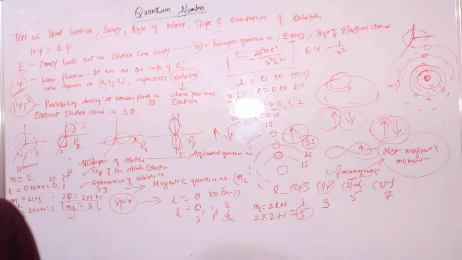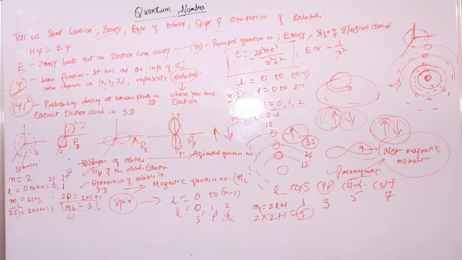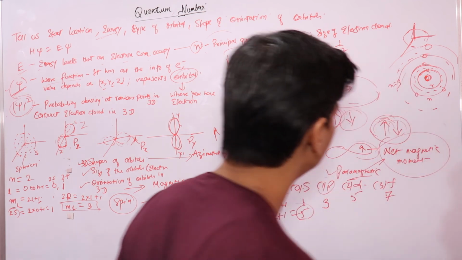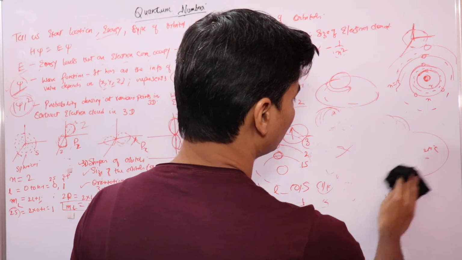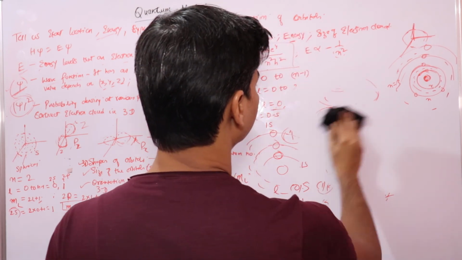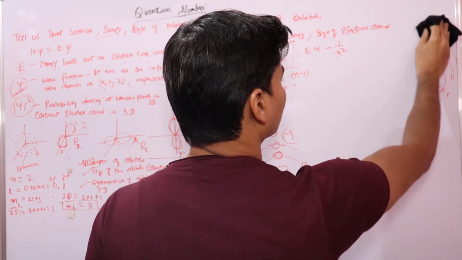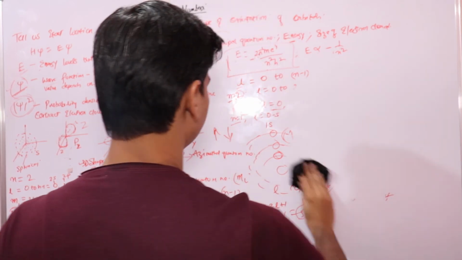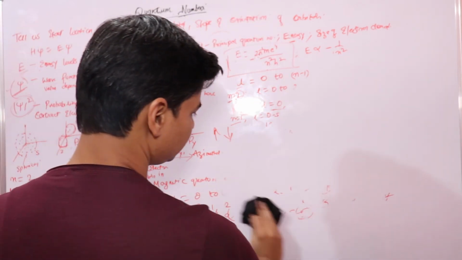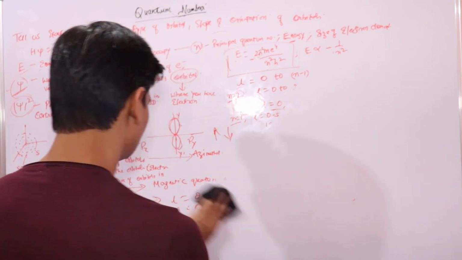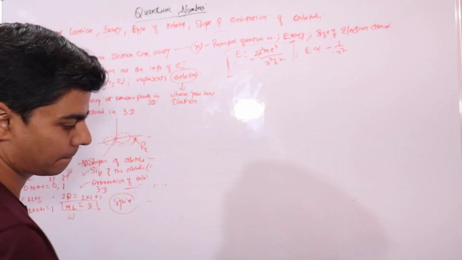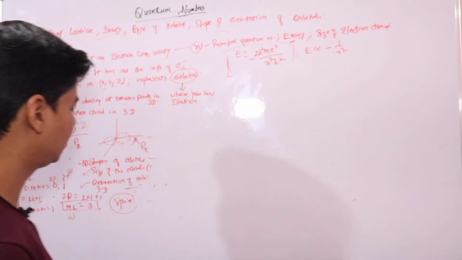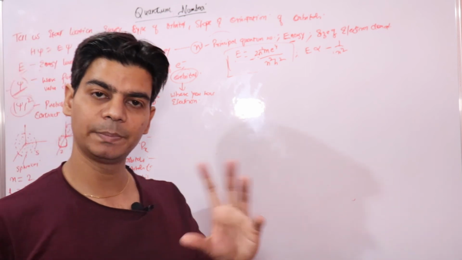Now there is one more thing that we need to do: how to explain the spectrum of atoms, the spectrum of hydrogen, based on these quantum numbers. The spectrum of hydrogen atom, we'll just quickly do this. And we have the fourth quantum number, the spin quantum number.